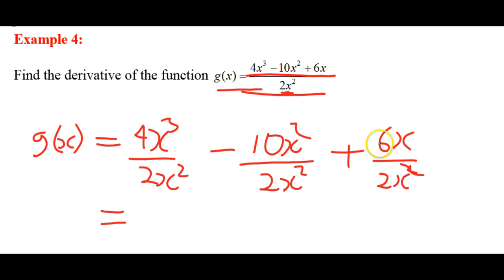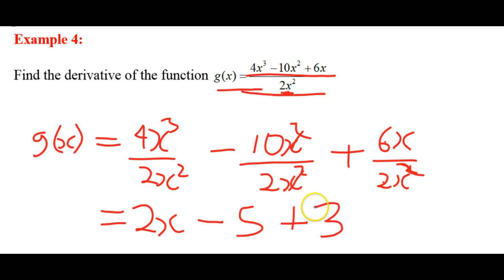When you simplify, we have 2 to the power, x to the power 1, and the whole of this will cancel with this, so I'll have 5, plus 6 divided by 2 is 3, then divided by x, because the x will be in the denominator, since here is power 1, here is power 2, so the x will go down.